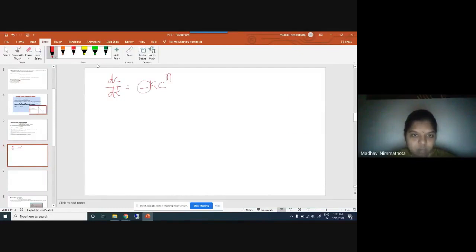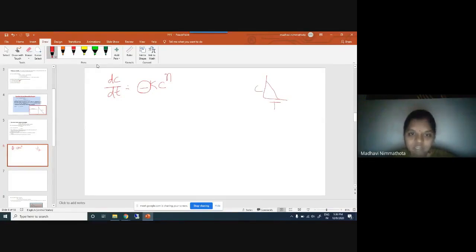Then what do you mean by the negative sign? The negative sign indicates the decrease of plasma drug concentration with time. Every graph shows this when you plot time versus concentration: there is a decrease of plasma drug concentration with increasing time.